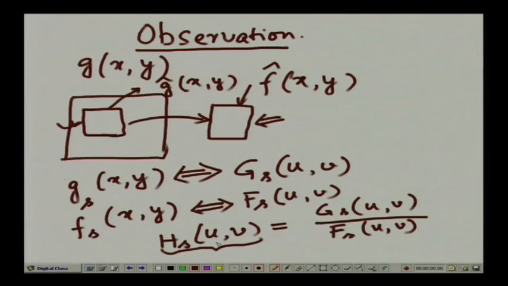Now, this H_s(u,v) has been approximated over a small subregion of the degraded image, and then we have formed an approximation of what should have been the original image.